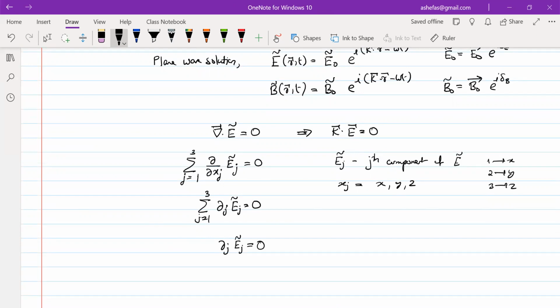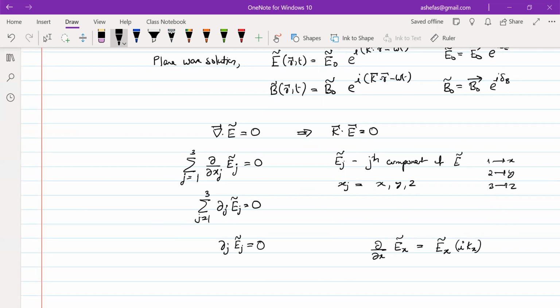Now just examine what would be dou by dou x of E_x tilde. If you differentiate the x component of the electric field with respect to x, you will again get E_x tilde, and there will be one i k_x outside. That is the only thing you will get.